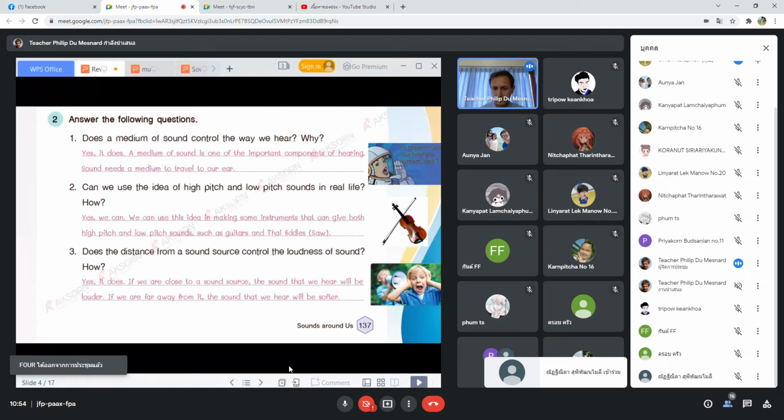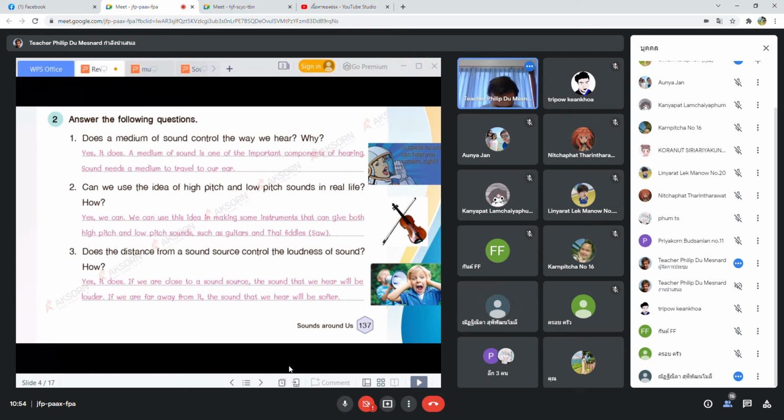Okay, here's another student, and this one does not have an English name, but it's gray. So maybe this is, who could this be? I have no idea, because I cannot read Thai. So I will take the picture.